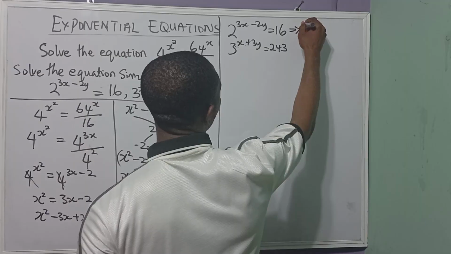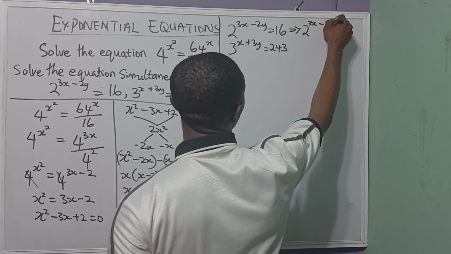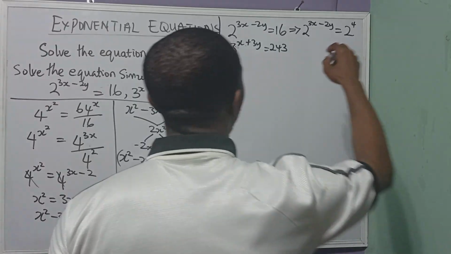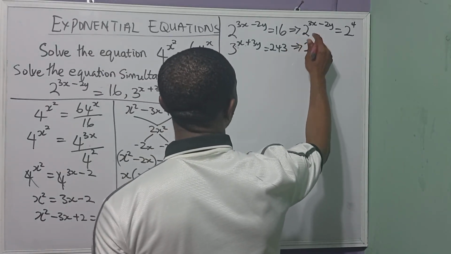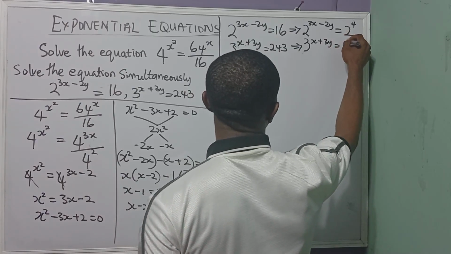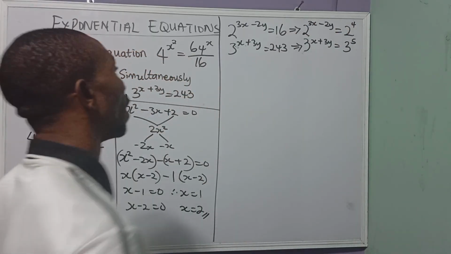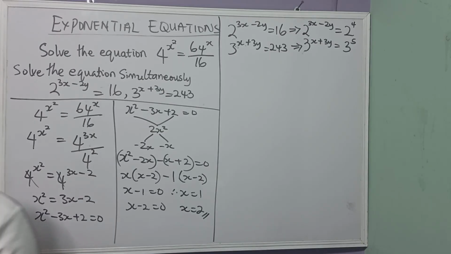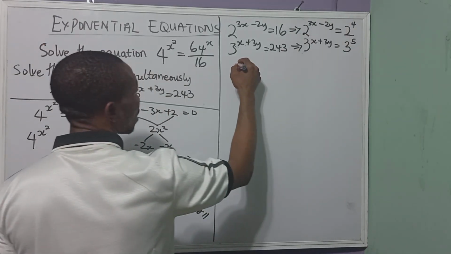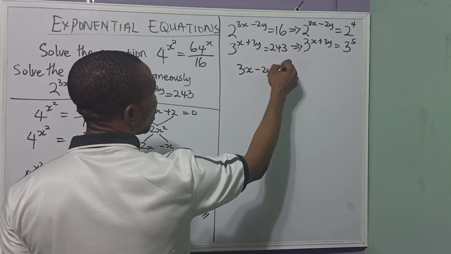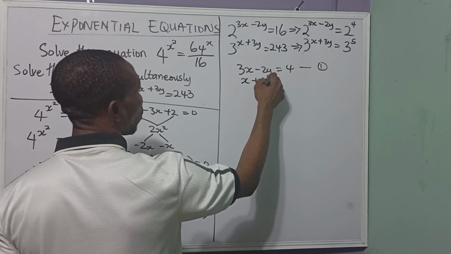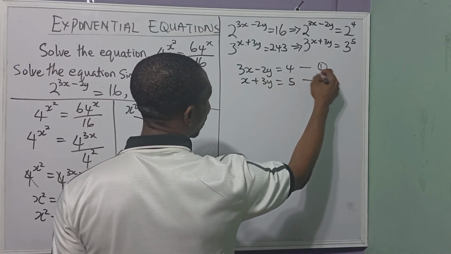So this gives us 2 raised to power 3x minus 2y equals 2 raised to power 4, and 3 raised to power x plus 3y equals 3 raised to power 5. Now having our bases in that way, we can equate our indices. For equation 1, we have 3x minus 2y equals 4, and equation 2, we have x plus 3y equals 5.